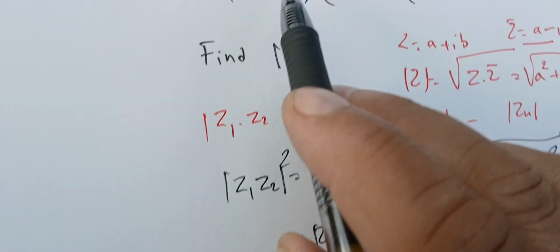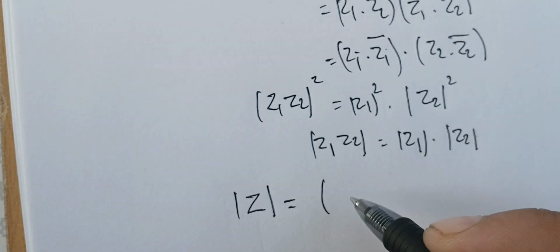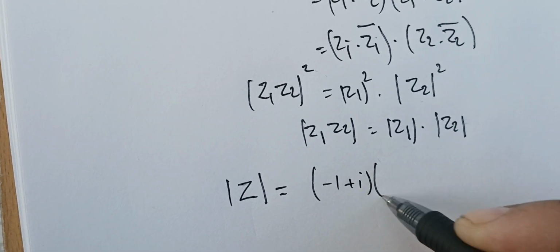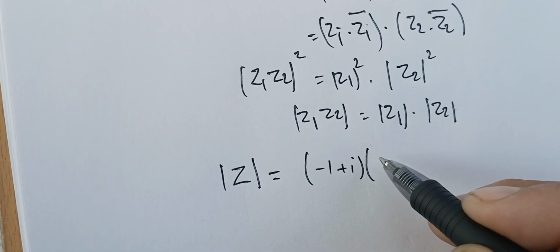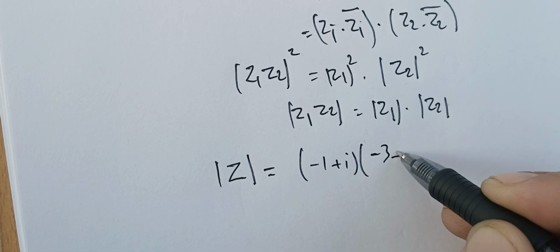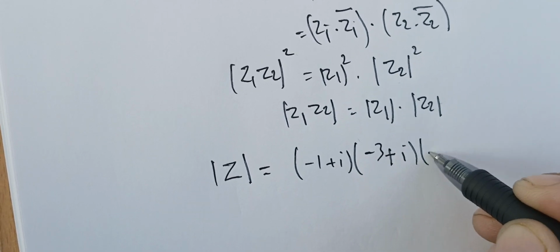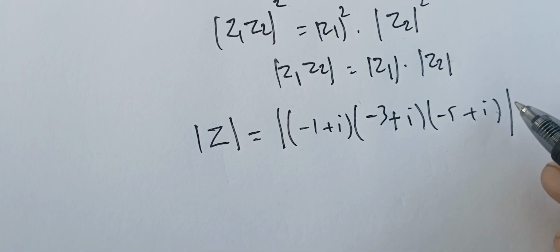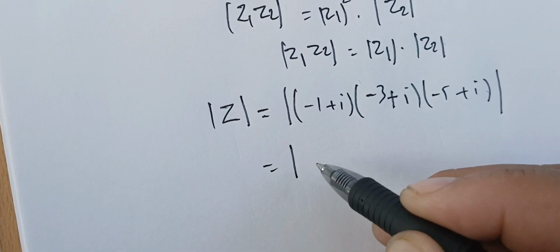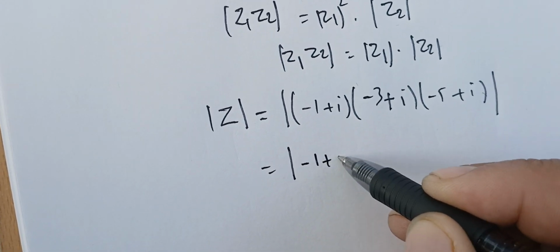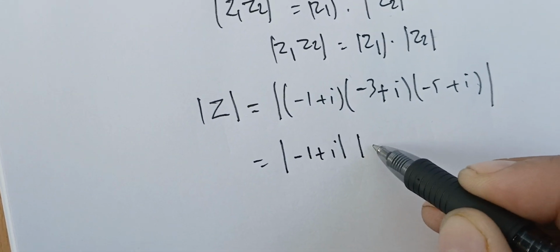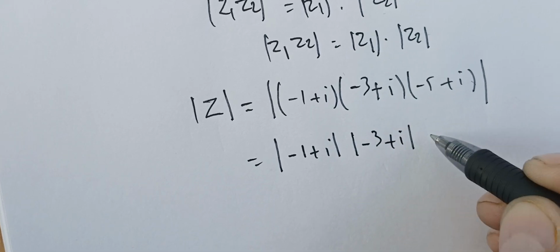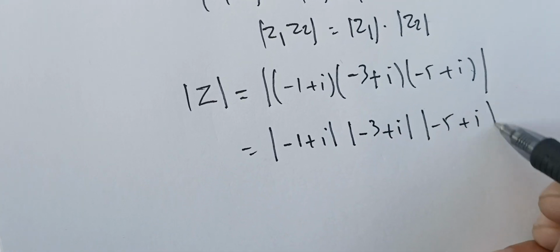This means that our norm becomes the norm of minus 1 plus i, times the norm of minus 3 plus i, times the norm of minus 5 plus i.